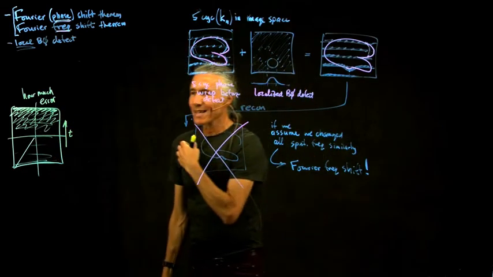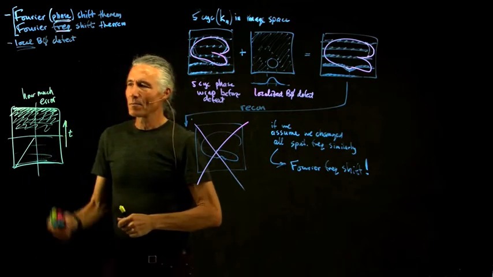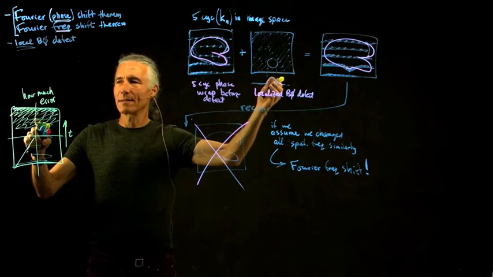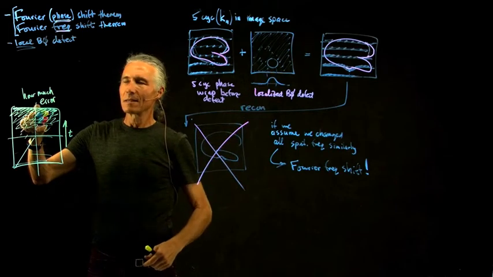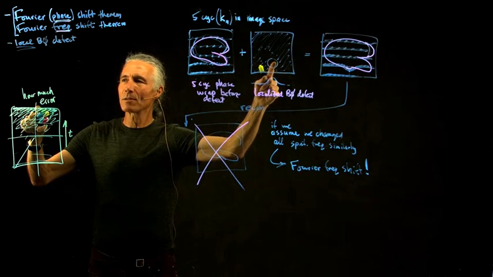So now, what does that mean? Say we have a positive phase error. What that means is, for this part of the brain, we're going to be going to a higher spatial frequency.